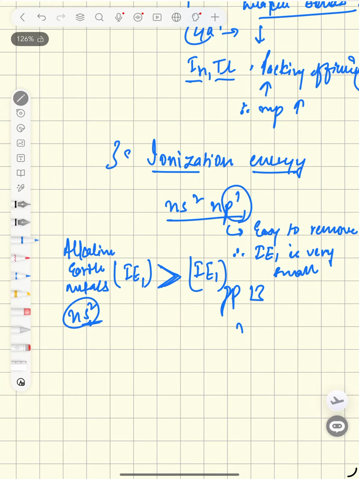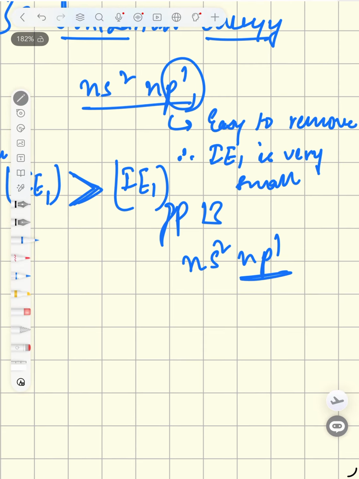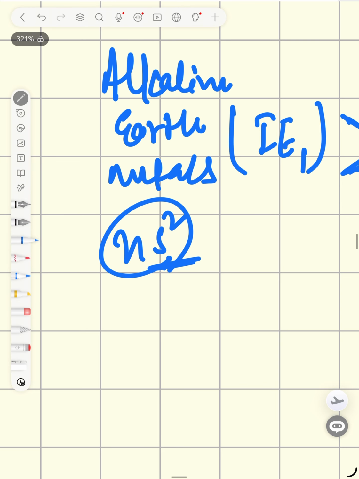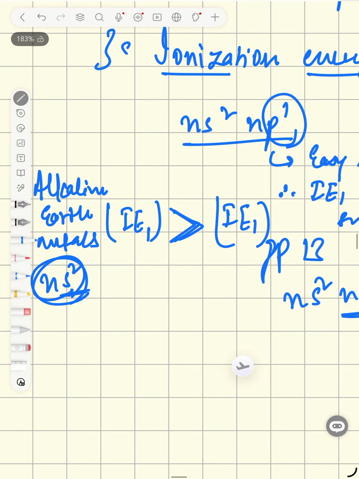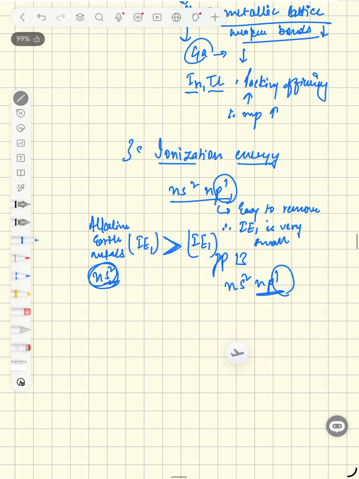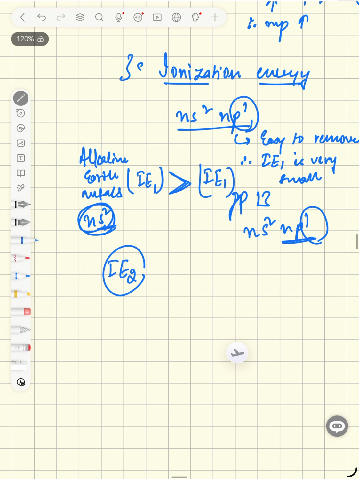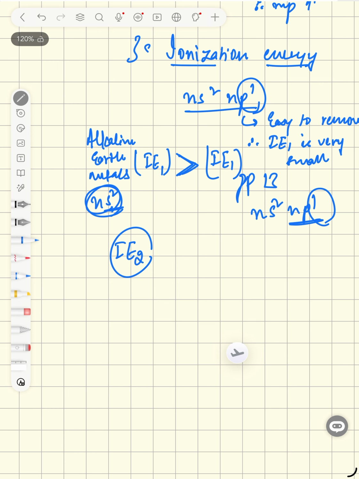Why is that? Since in group 13 elements there is an outer electronic configuration of np1 and one electron is easier to remove as compared to the fully filled electron shell in alkaline earth metals. Now, talking about the second ionization energy of group 13 elements, after removal of np1, stable noble gas configuration is reached.